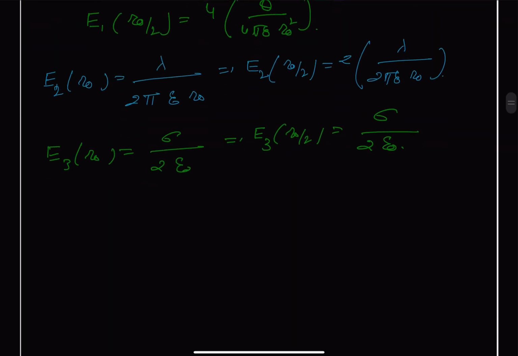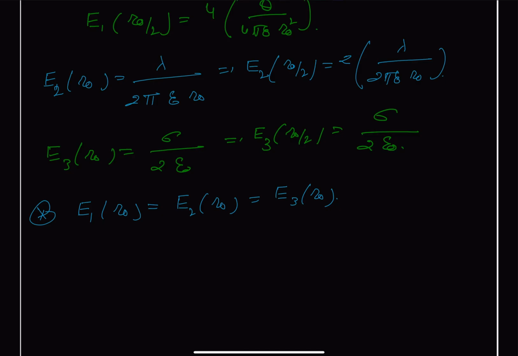But we are given that E1 at R0 is equal to E2 at R0 is equal to E3 at R0.